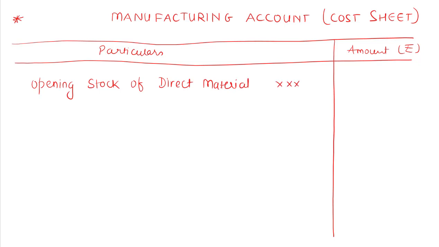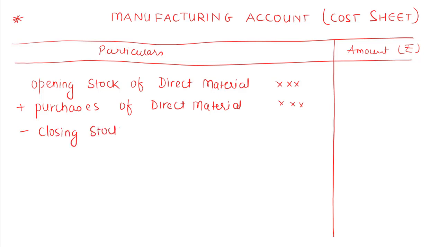We'll write the amount in the inner column. Plus purchases of direct material, less closing stock of direct material.